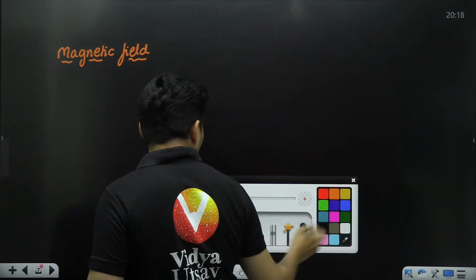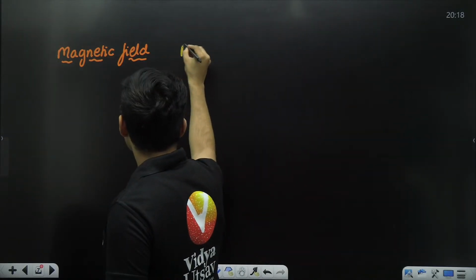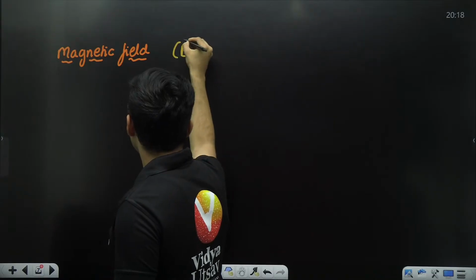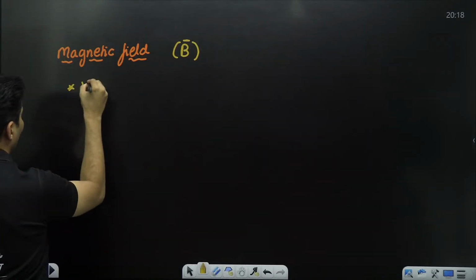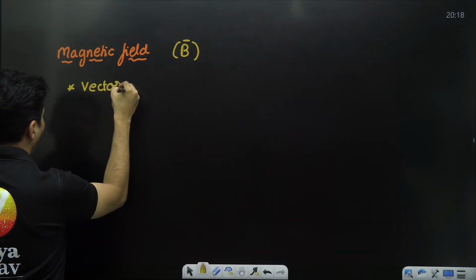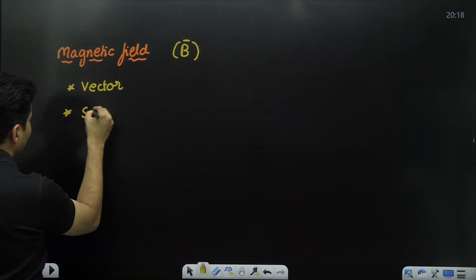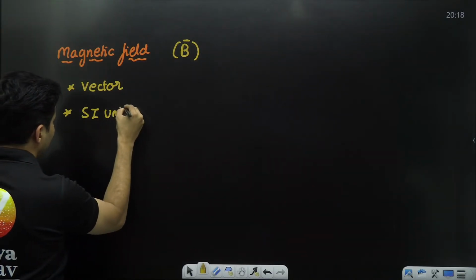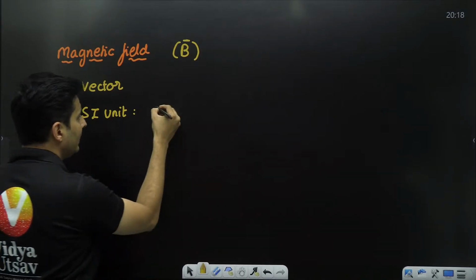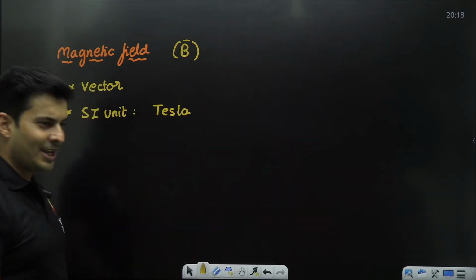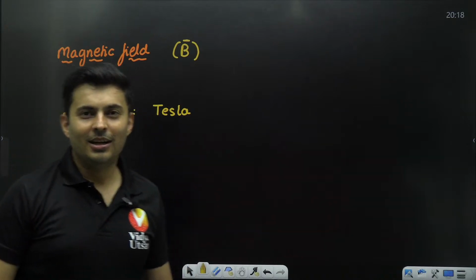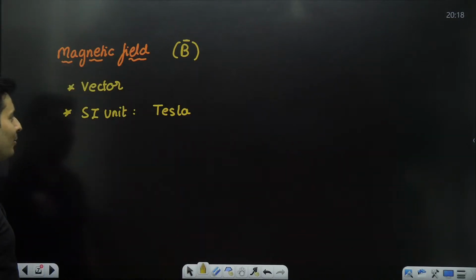Symbolically, it is nothing but B. It is not E, E is for electric field. B bar, because it is obviously a vector quantity. The SI unit of magnetic field is the Tesla. Yes, your Tesla car came in India recently, and I'm not sure how many of you are happy or sad about it.